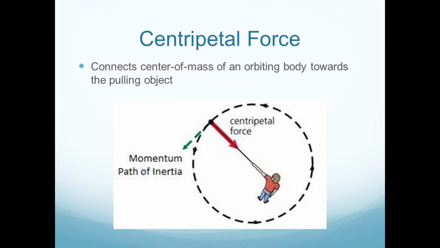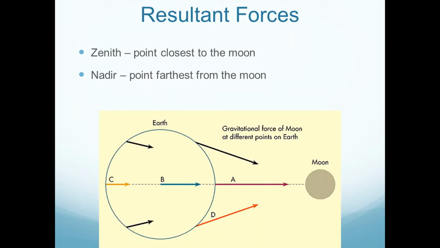So let's talk about both of the forces combined. When you combine the forces, that's when you get resulting forces. And you have two different ones. You have zenith and you have nadir. Zenith is the closest point to the moon on Earth. So in the image below, you can see that point A is closest to the moon.